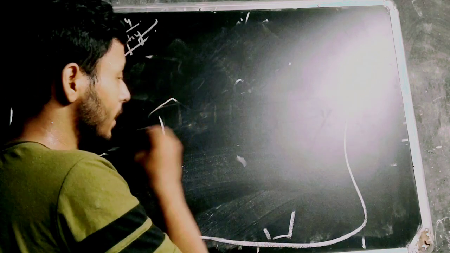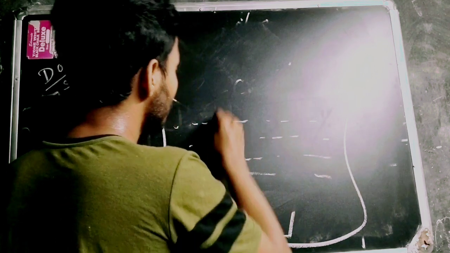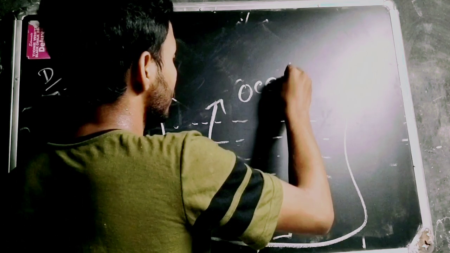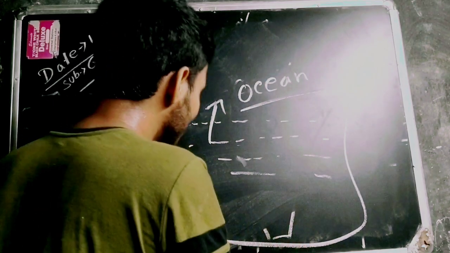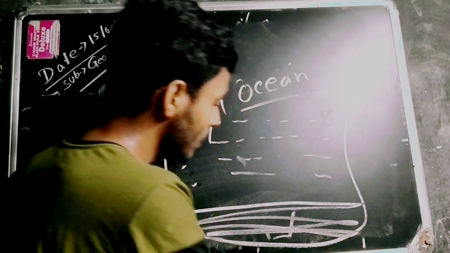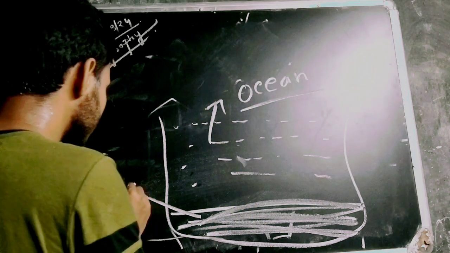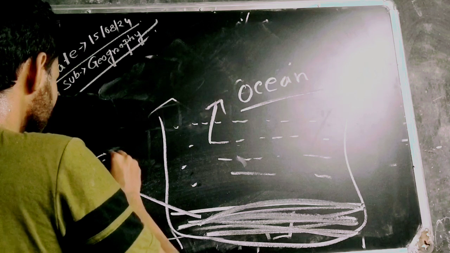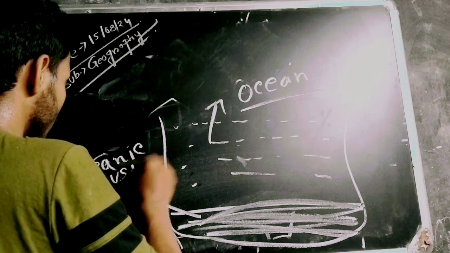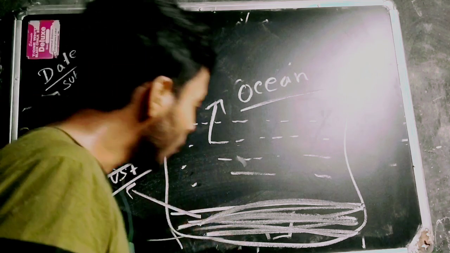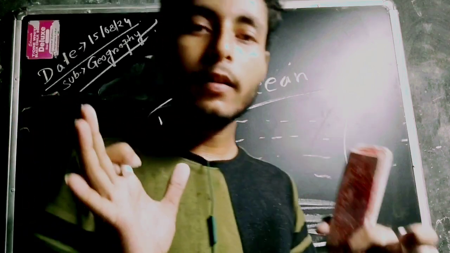If this one is the ocean, the down portion below the ocean is called the oceanic crust.